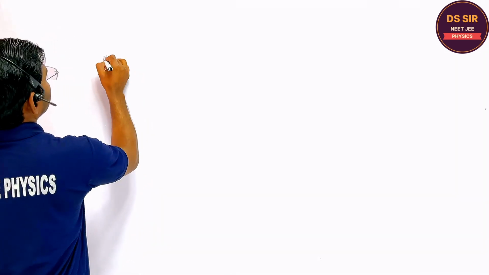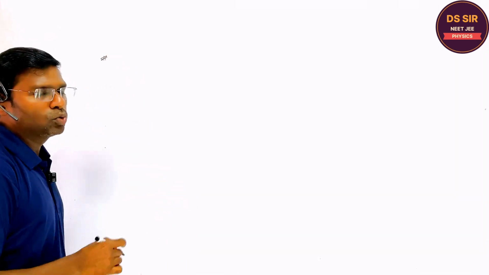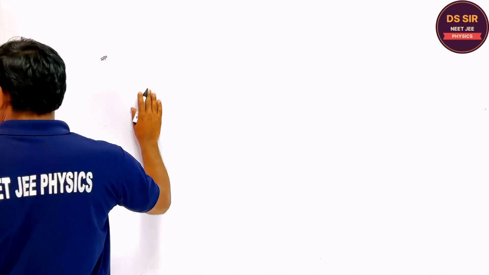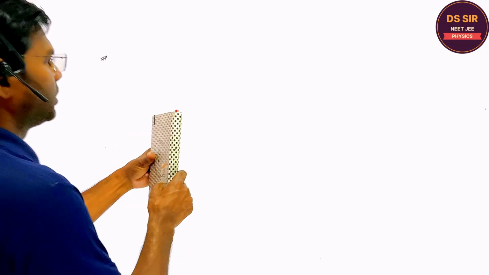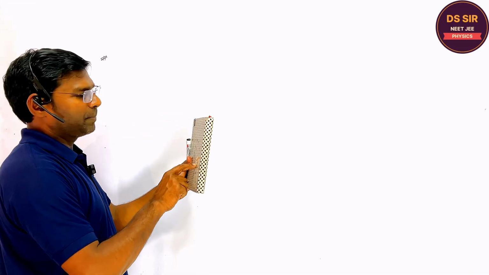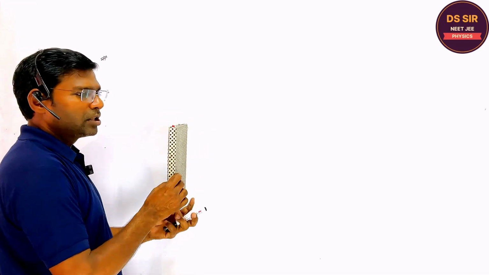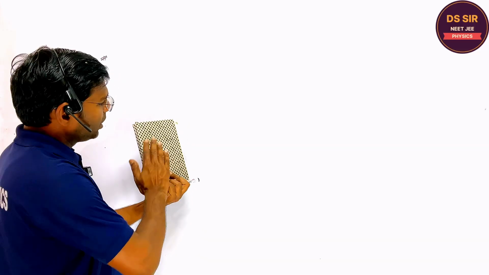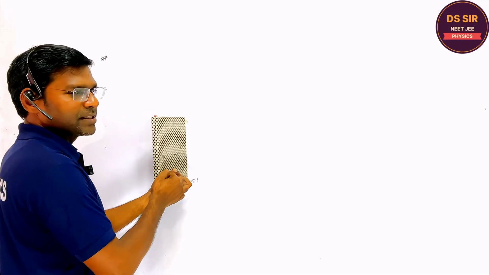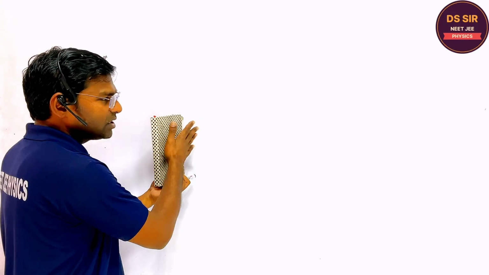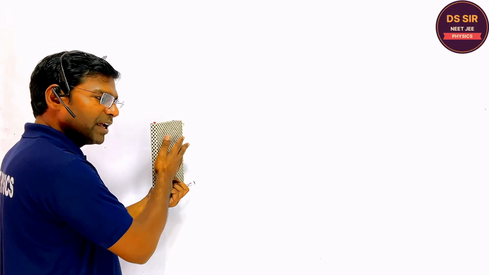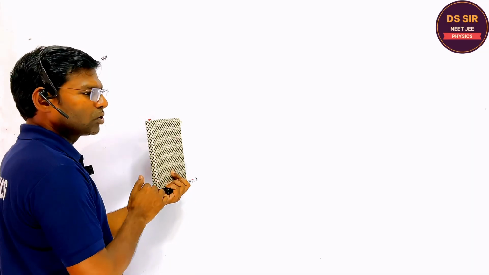So listen one thing, we have found the electric field due to the non-conducting sheet. I am giving you an example of the non-conducting sheet. Suppose this is the sheet, this is the paper and it is non-conducting. The property of the non-conducting sheet, or the insulator, is that if you put the charge on this surface, the charge will remain where it is placed, it will not move.